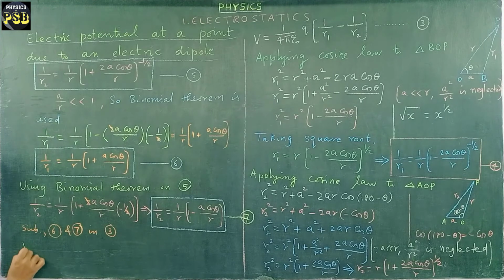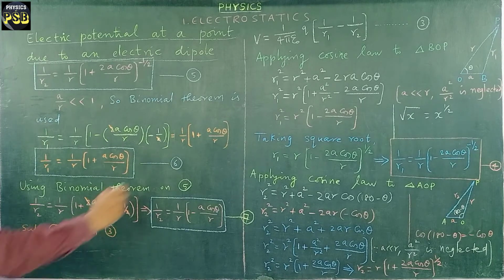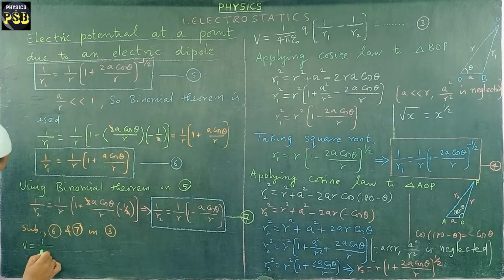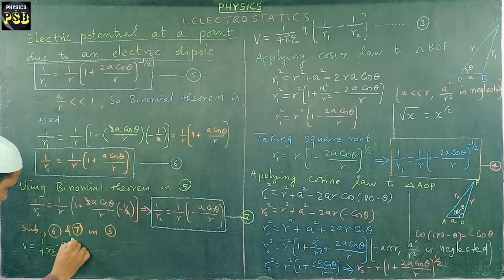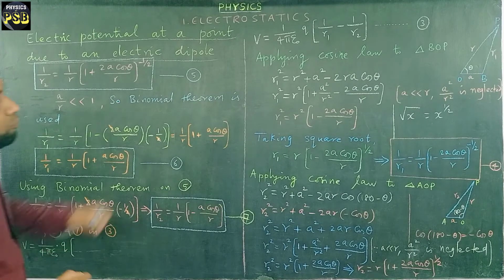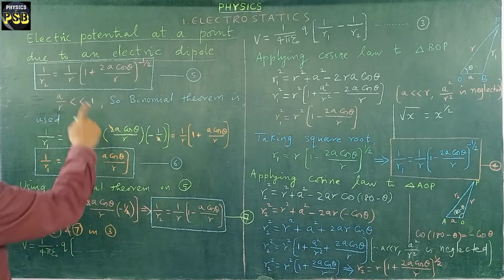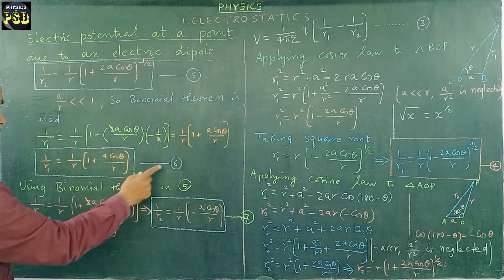V equals 1 upon 4 pi epsilon naught multiplied with Q, open bracket, 1 upon R1. The value of 1 upon R1 is taken from equation number 6.